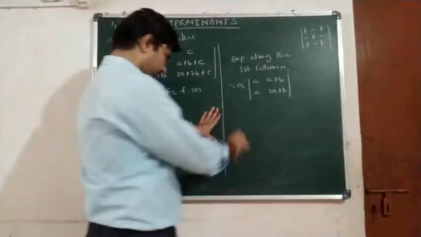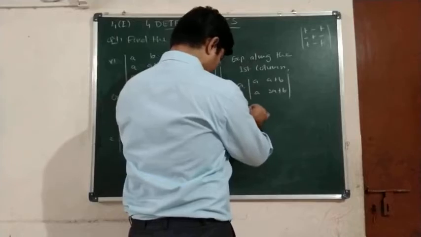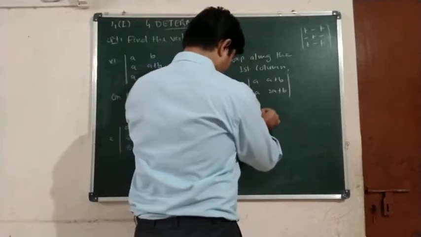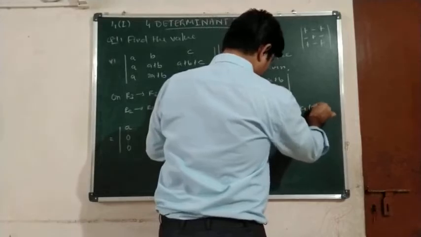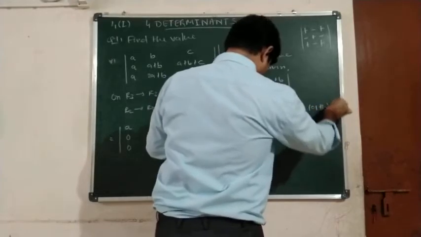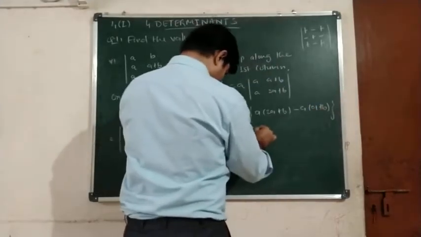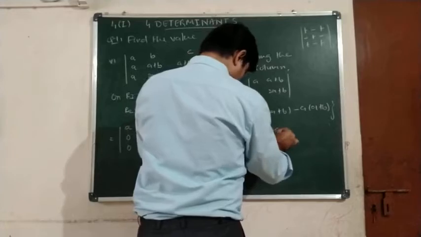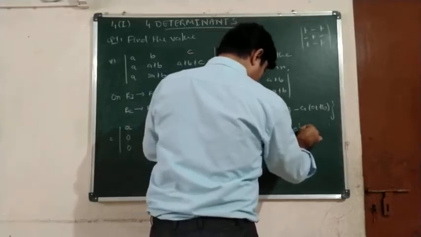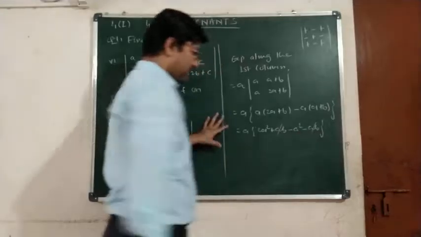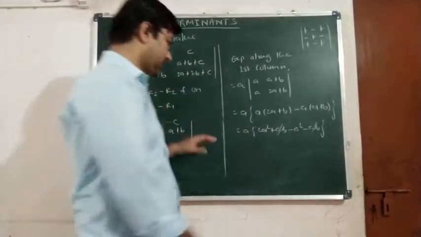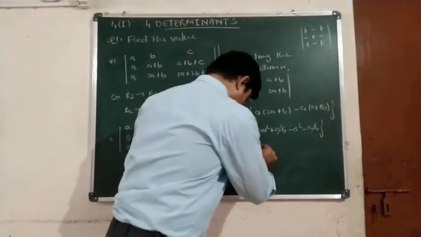Now let us simplify this determinant: a into 2a plus b minus a into a plus b. Further simplifying, 2a square plus ab minus a square minus ab. So plus ab minus ab will get cancelled. 2a square minus a square will be a square only.